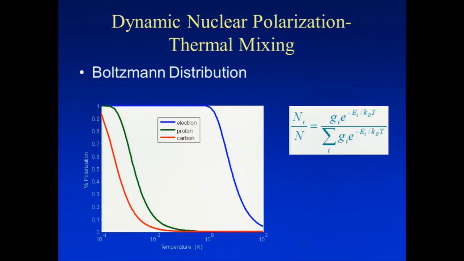If you get down to something that's actually reasonably achievable, about 1 Kelvin, which you can do with liquid helium and a powerful vacuum pump, if you take an electron that has a magnetic moment that's about 660 times that of proton and a reasonable field strength, you're polarizing the electrons at something close to unity, just from the advantage that you get with the temperature.